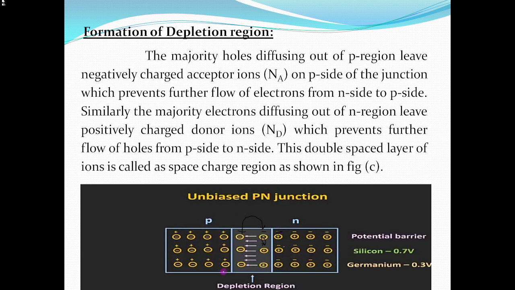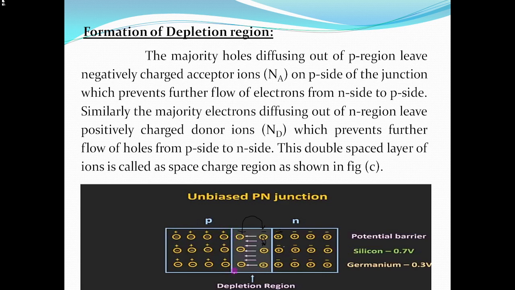Here also, this hole wants to cross the junction and enter the N region. But the hole has positive charge and here there is also positive charge. So positive repels positive, and they stay here only, meaning there is no further recombination.